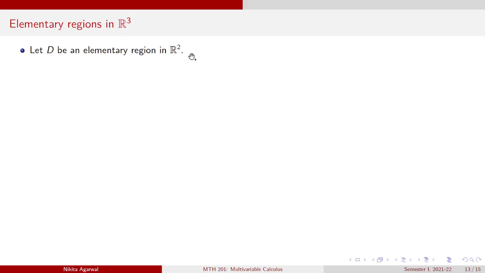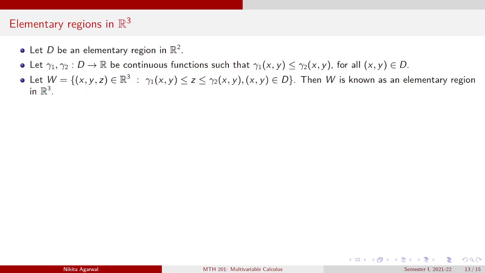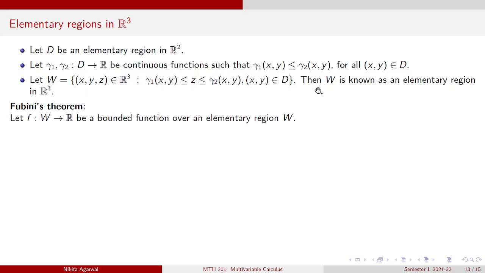You first start with an elementary region in R2 and suppose gamma 1 and gamma 2 are two continuous functions from D to R such that gamma 1 is less than or equal to gamma 2 at all points of D. You define W to be all the points (x, y, z) in R3 such that z lies between gamma 1 and gamma 2 and (x, y) lies in D. Then W is known as an elementary region in R3.